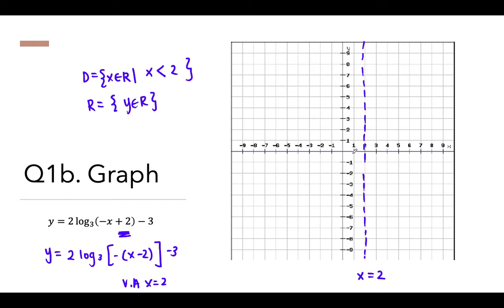So therefore, let's plug in the points. When we have 1.7, it's negative 5. 0.7, negative 5. And then 1, negative 3. Negative 1, negative 1. And negative 7, 1.